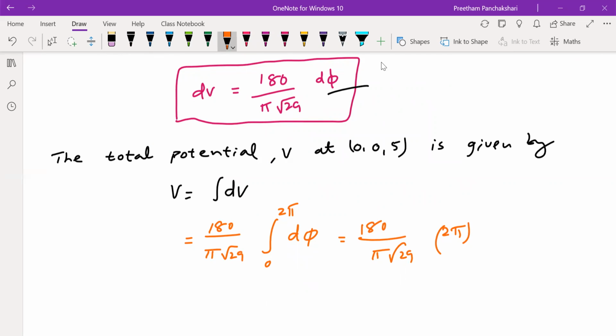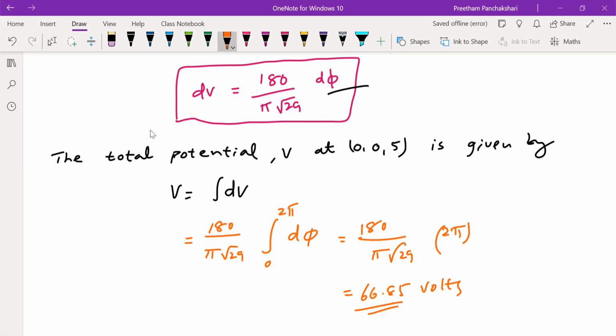We can find this value using the calculator. This is equal to 66.85 volts. That is the potential at point B due to the circular ring of charge.